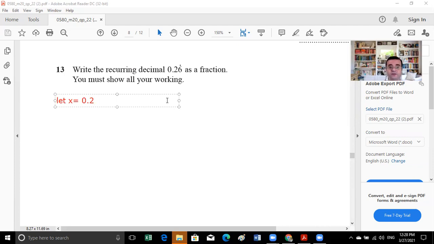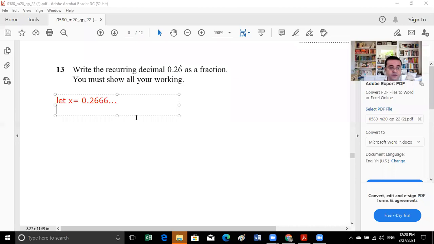So this one here, 0.266666. We need to write it as a fraction. So let x equal 0.2666, and so on. Okay, done.